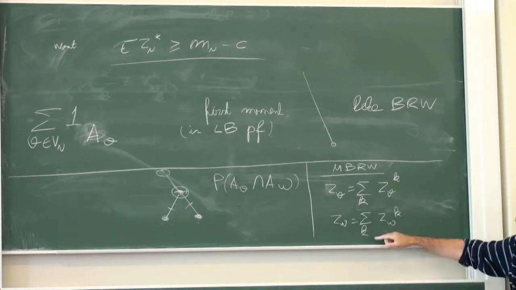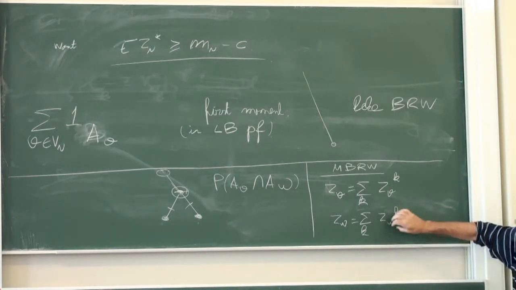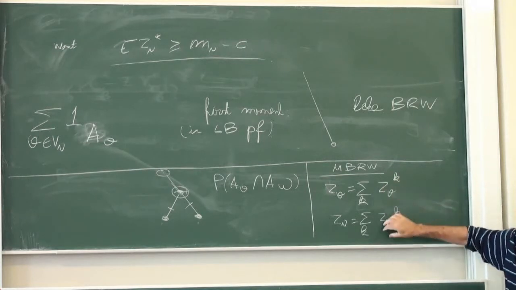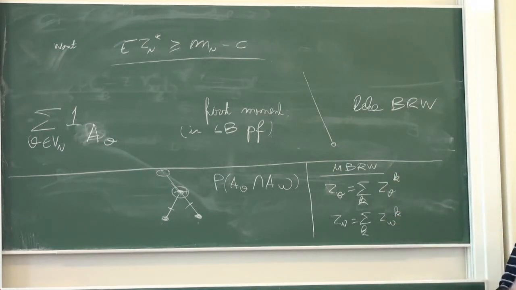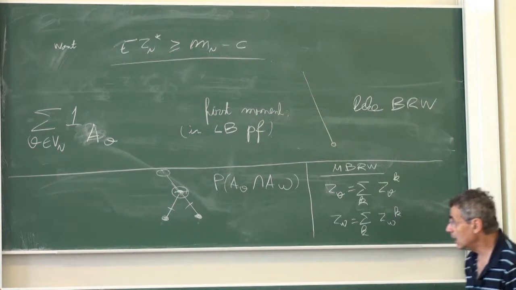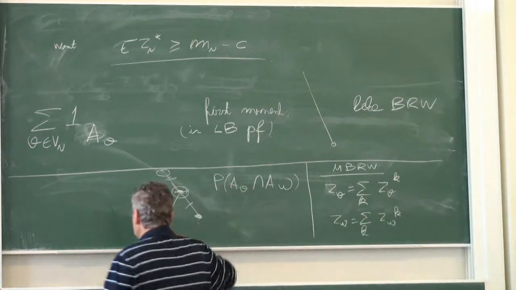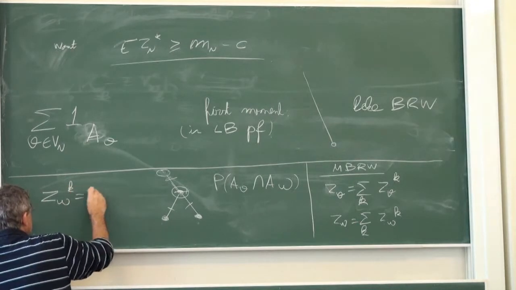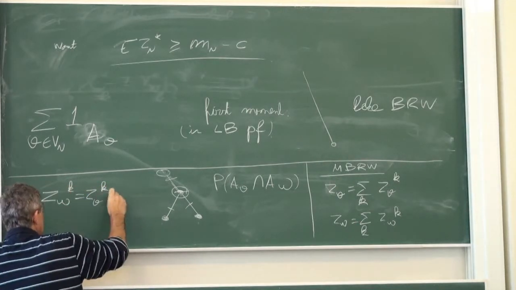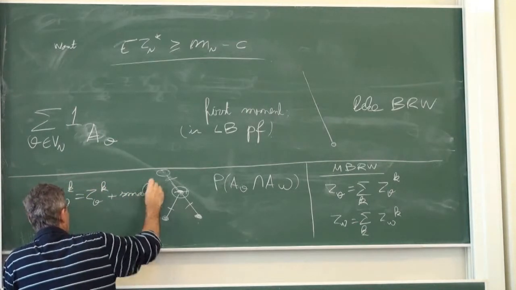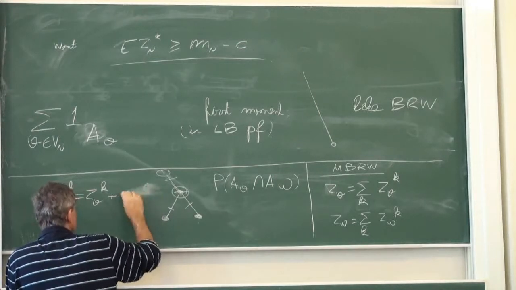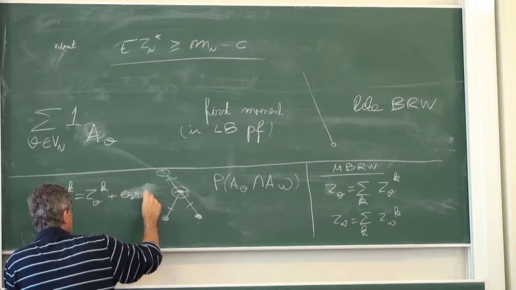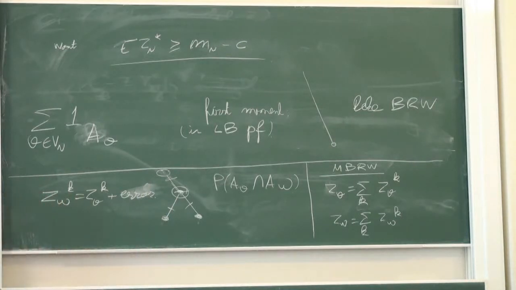What I said before is that for k small, these Z's are independent, if k is smaller than the distance. For k large, namely for k's that belong here, we can write ZWk to be ZVk plus a small error. And what we really need to do now is to control the size of this error.